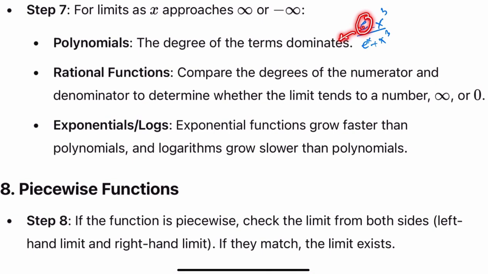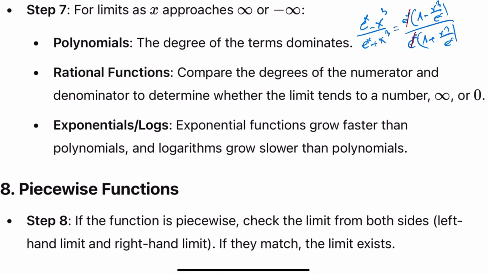So this will give us e to the power of x times 1 minus x to the power of 3 divided by e to the power of x, over e to the power of x times 1 plus x to the power of 3 divided by e to the power of x. Now we can simplify by removing this, so we will get just the other parts.